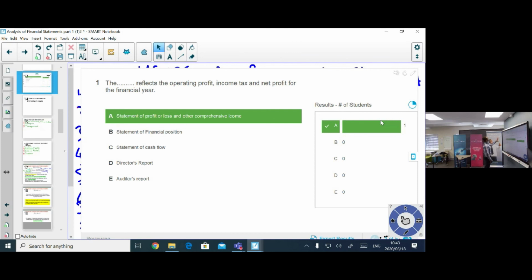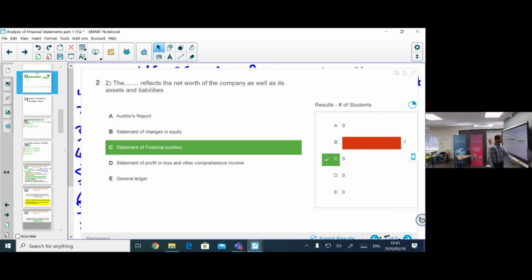The activity was that you had to fill in the missing words. The first question was: this statement reflects the operating profit, income tax, and net profit for the financial year. The answer was statement of profit or loss and other comprehensive income.